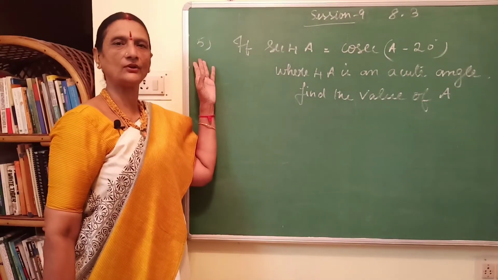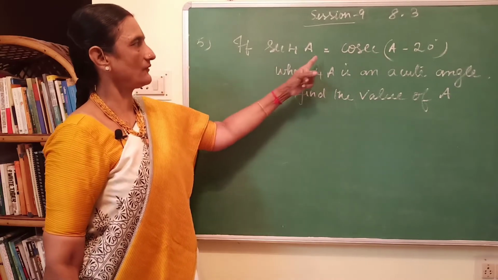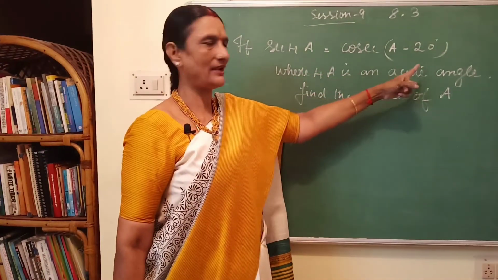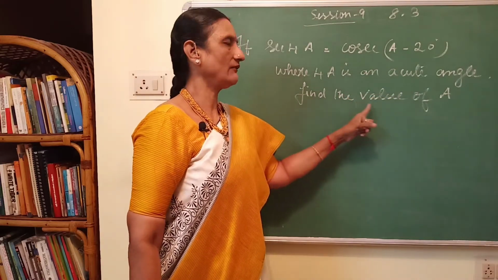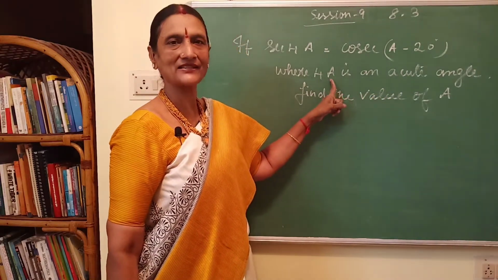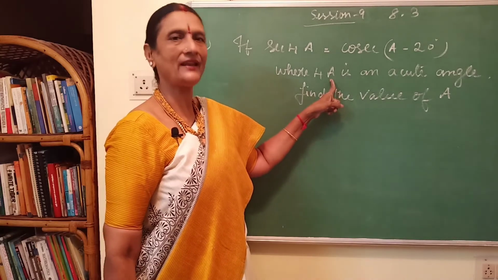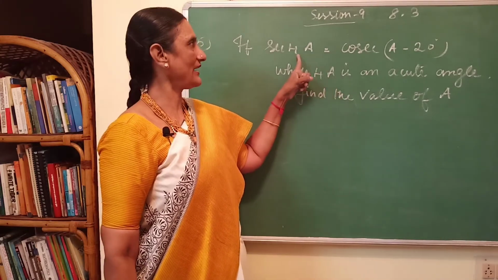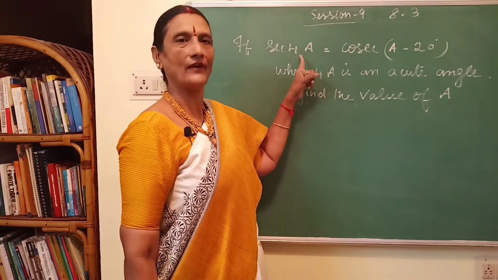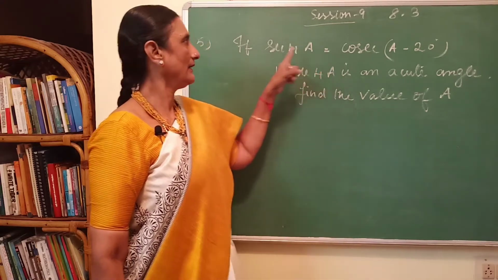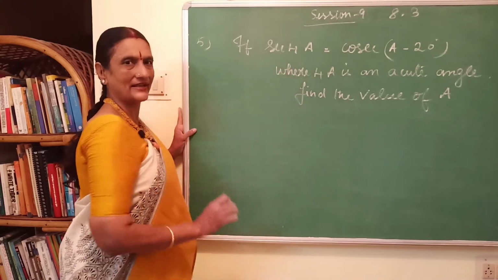Children, next you take down the fifth sum. Secant of 4A is equal to cosecant of A minus 20, where 4A is an acute angle. Find the value of A. That 4A has to be acute only, because we have derived the ratios and formulae for acute angles only. Therefore, the whole 4A is an acute angle.